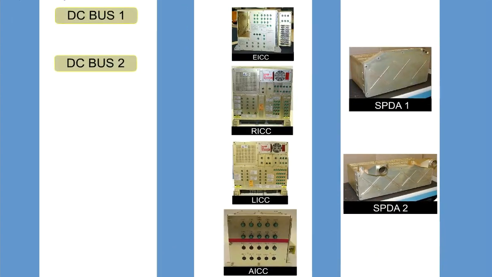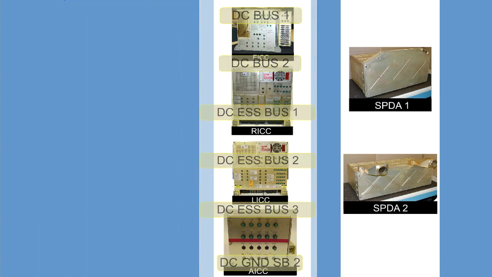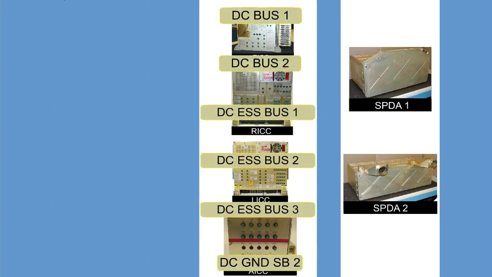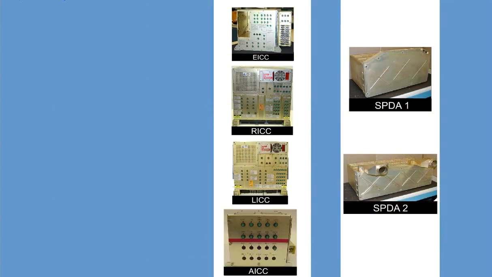The two main DC buses, 3 essential DC buses, and 1 ground service bus distribute power to various aircraft electrical loads, either through DC circuit breakers or through secondary power distribution assemblies 1 or 2.